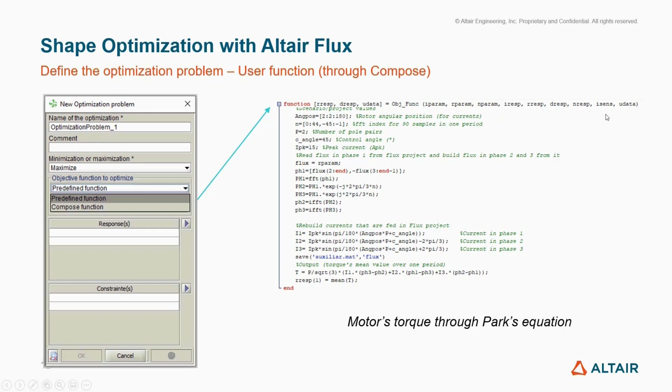For example, the inputs are the flux of the coils. The flux of the coils is used to compute the torque of the machine. The three-phase currents are also obtained using the control angle, peak current value, and the angular position variation from 2 to 180 degrees. So this is how you can get your compose function and use it for the shape optimization.